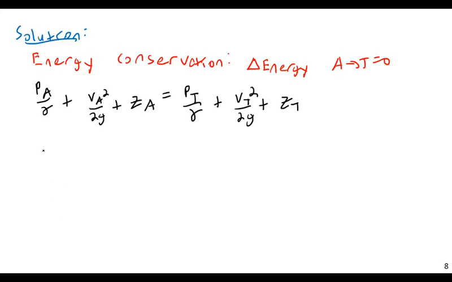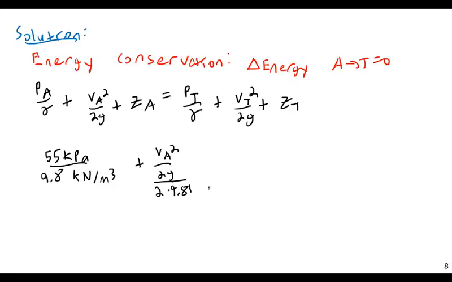So for my PA, I'm going to use 55 kilopascals divided by 9.8 kilonewtons per cubic meter for our gamma, plus VA squared over 2G, so 2 times 9.81.